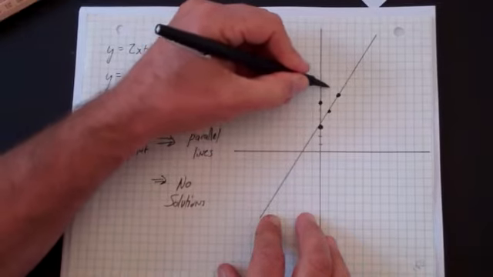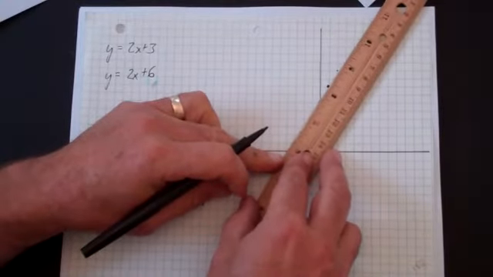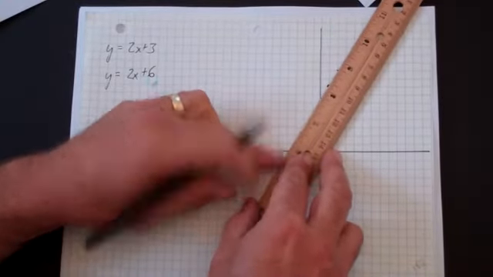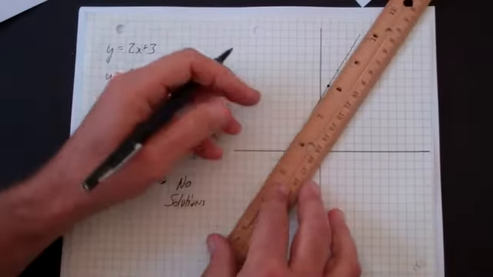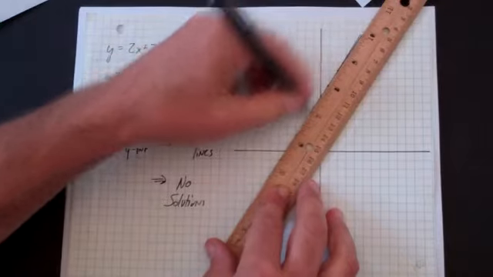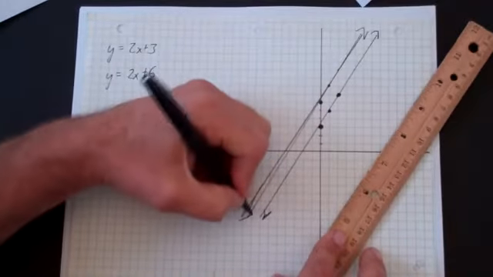Again, up 2 and over 1, up 2 and over 1. Now, when you graph this, they'll look like they're parallel, but you won't be able to tell exactly. In fact, I didn't draw it all that well there. More like that, right? These look like parallel lines.